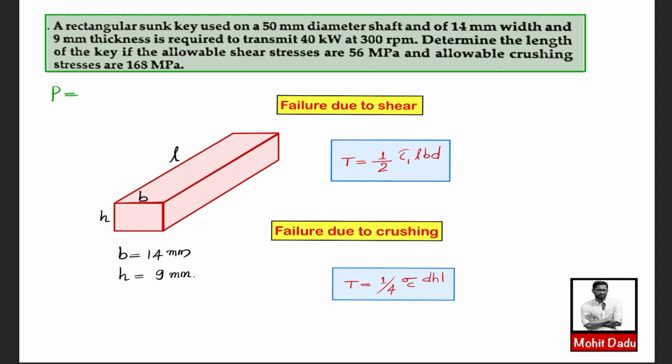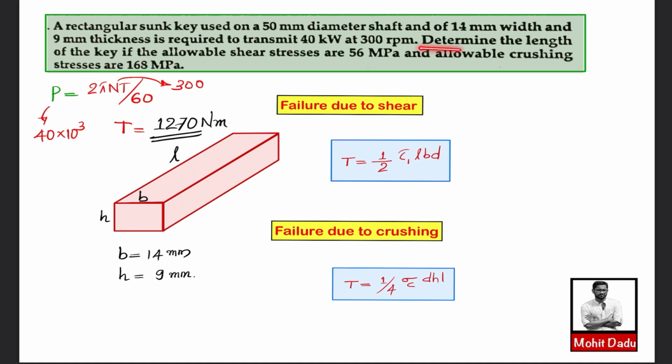Power transmitted is equal to 2 pi NT divided by 60. Here power is 40 into 10 raised to 3 watts, and N is 300 rpm. You can substitute and find the value of torque. So here you will be getting the torque as 1270 Newton meter. This torque will be used for calculating the key parameters.